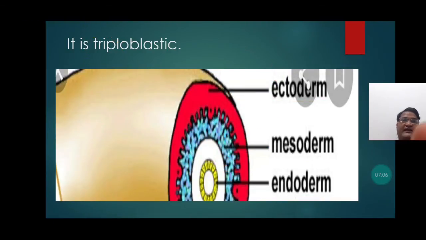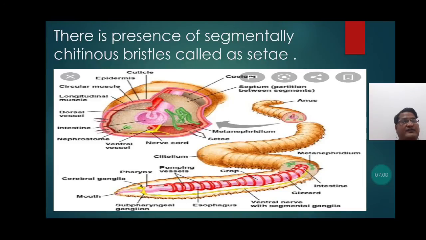So students, collectively these three layers form the body layers of the annelida.